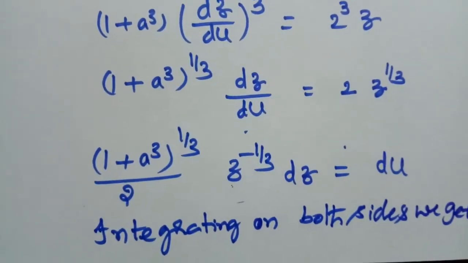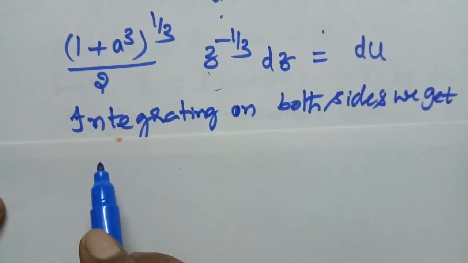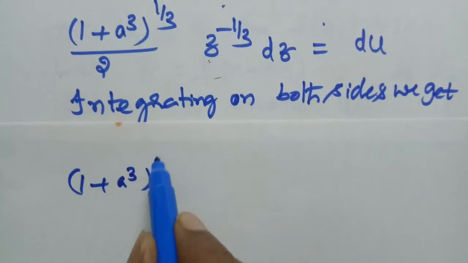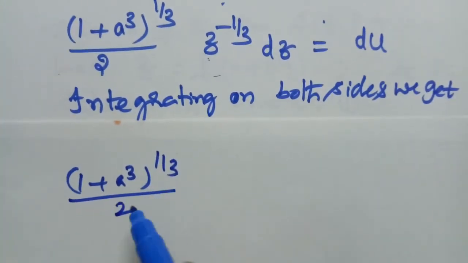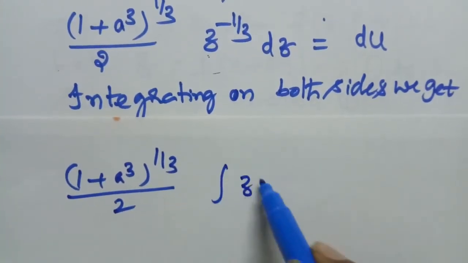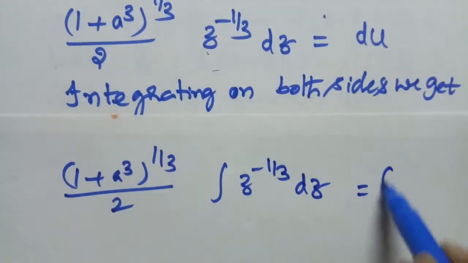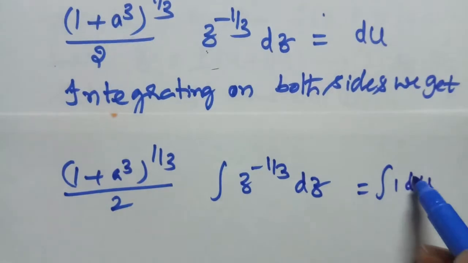We get 1 plus a cube whole to the power of 1 by 3 by 2 integral z power minus 1 by 3 dz is equal to integration of 1 du.